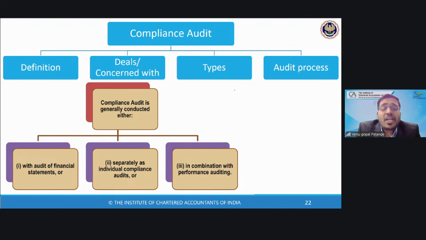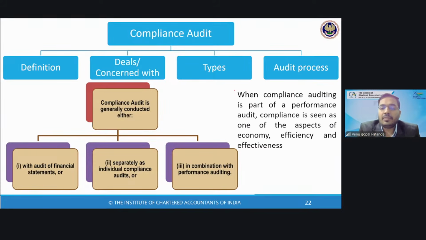Now, what happens in case of compliance audit in combination with performance audit? You treat compliance as elements of economy, efficiency, and effectiveness. If you have notes, please make a note of it.